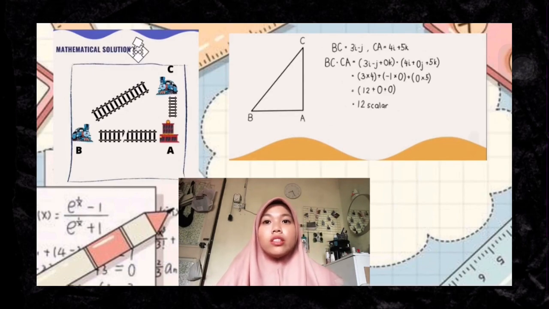Solution. BC equals 3i minus j. CA equals 4i plus 5j.